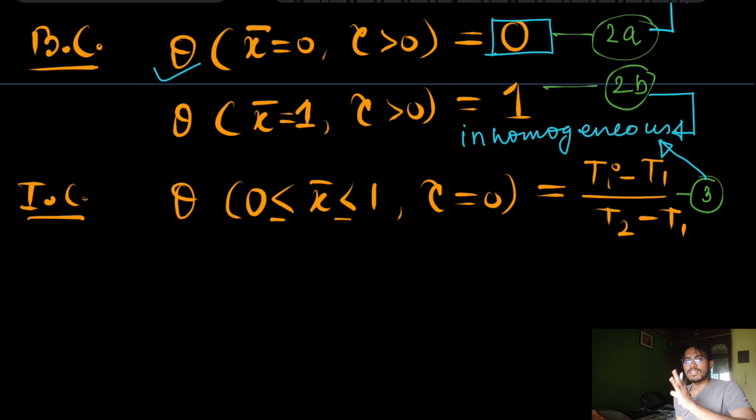Out of these four equations, we need only one inhomogeneous equation, and all other equations must be homogeneous. Only then can we apply the method of separation of variables. So put this fact into your mind.